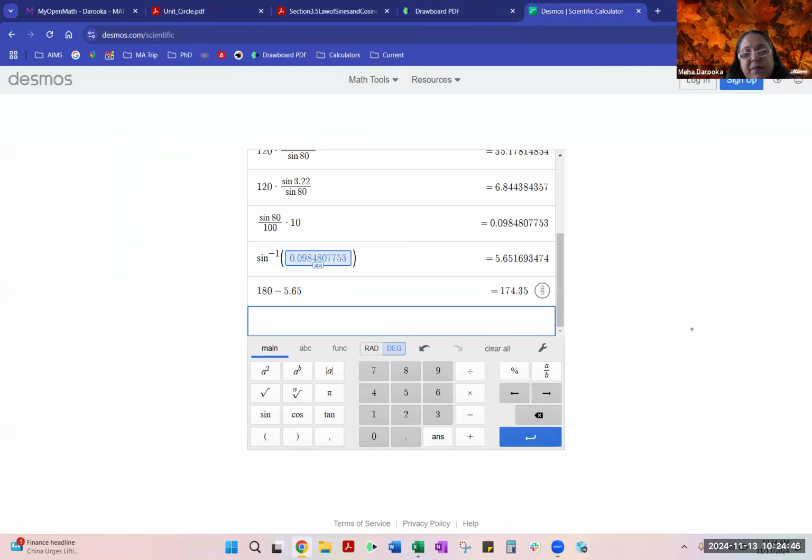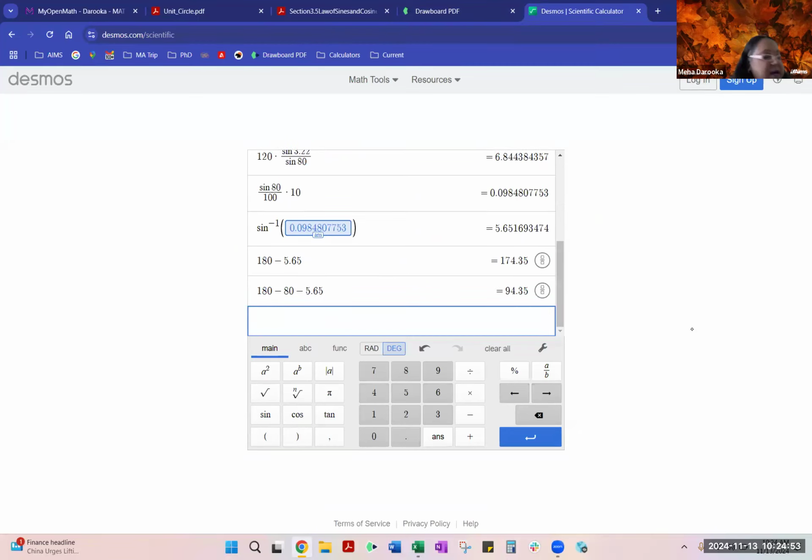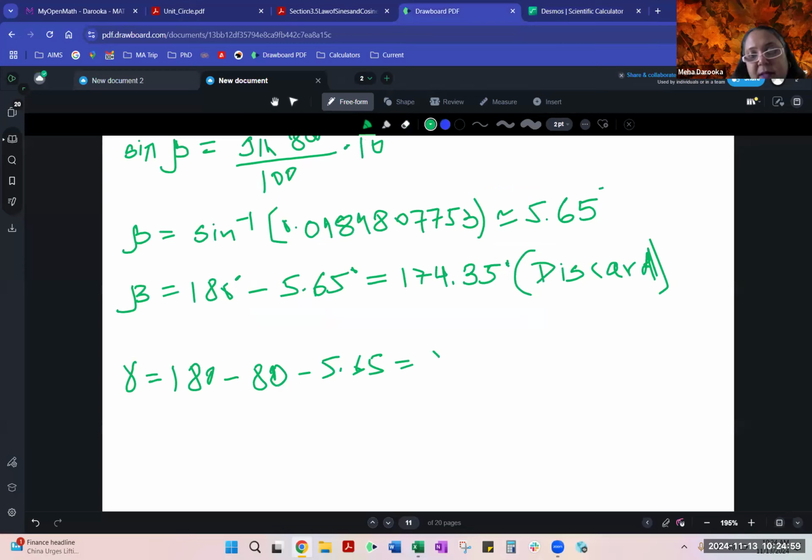So of course that would be basically 100 minus 5.65. And you can see our gamma will come out to be 94.35. And of course, this is also in degrees.